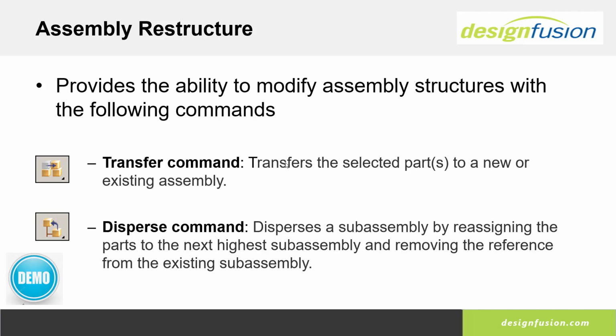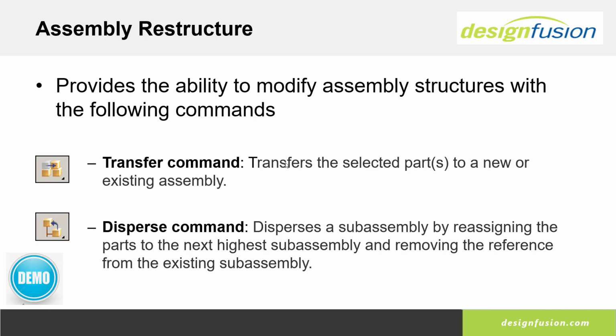And we have the disperse command, and this disperses a subassembly by reassigning the parts to the next highest subassembly and removing their reference to the existing subassembly. So these are great ways to build or disperse subassemblies within the assembly itself.